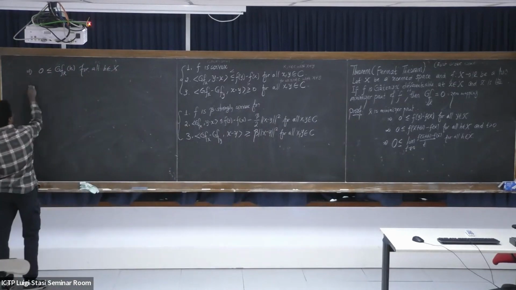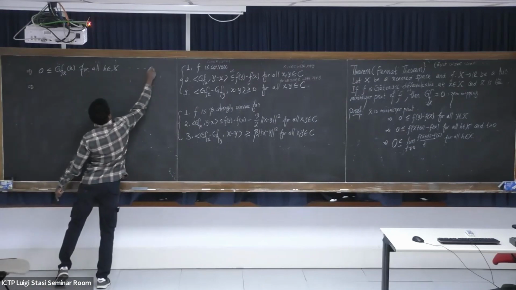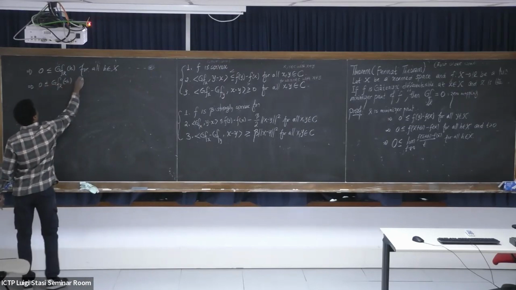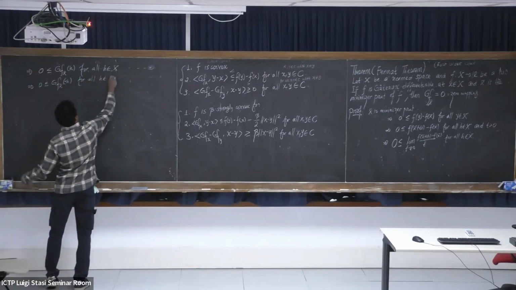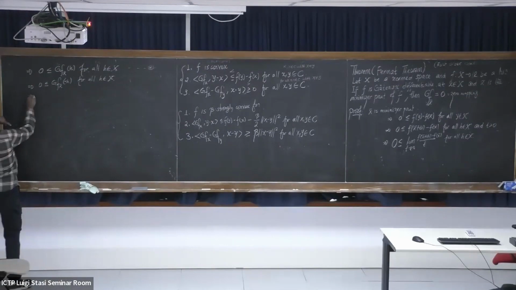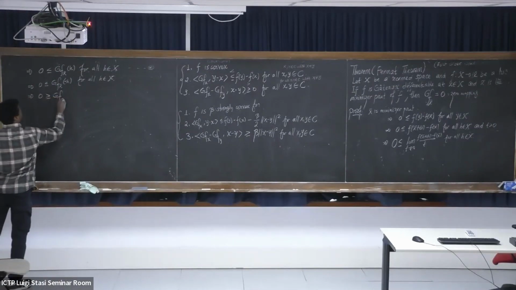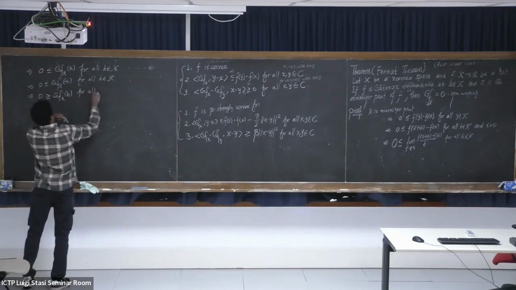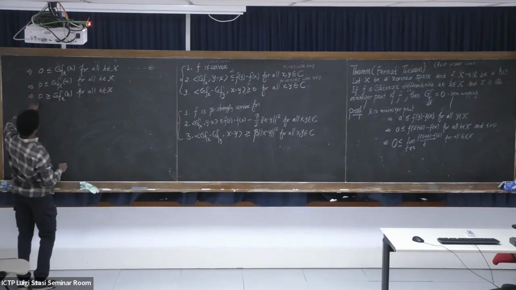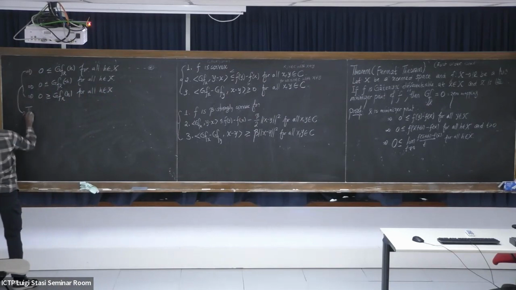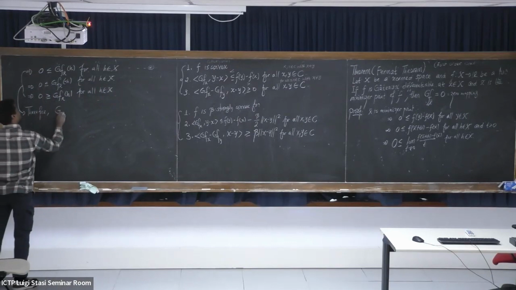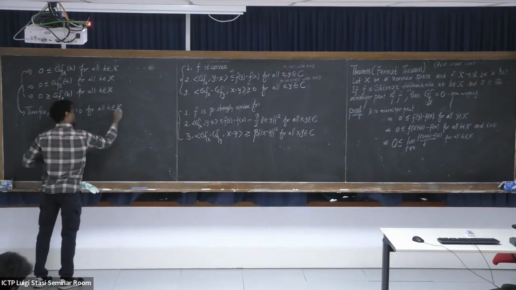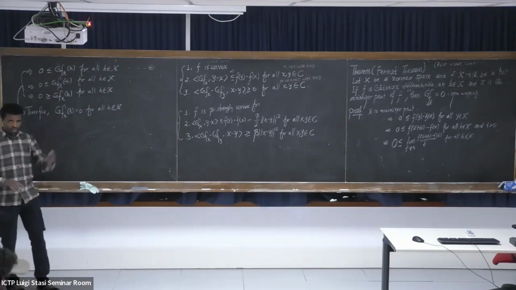So if this is true, and because this is linear, the Gateaux derivative is a linear operator that is zero at every point.